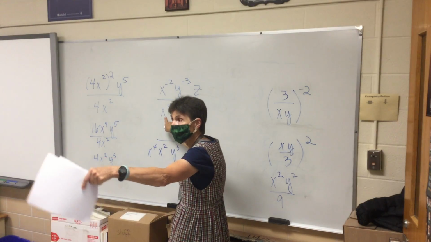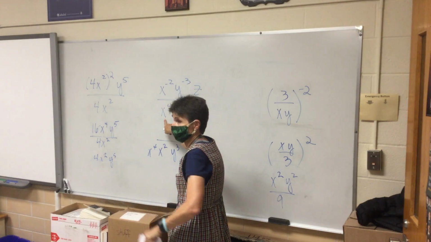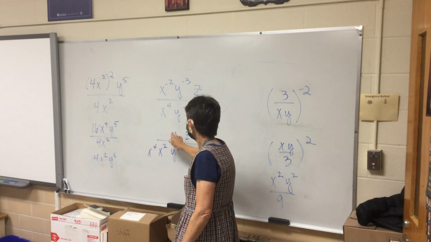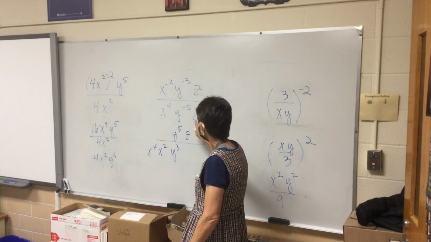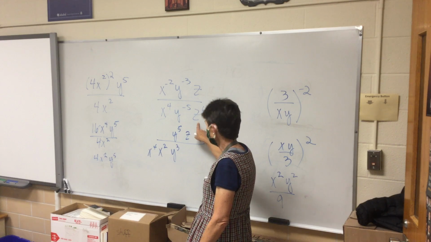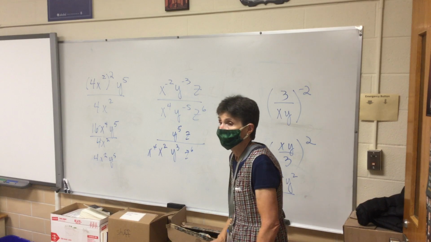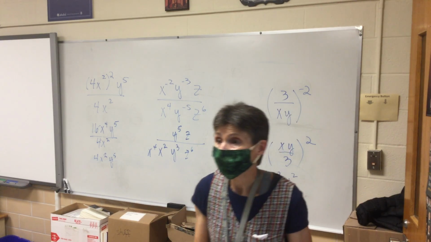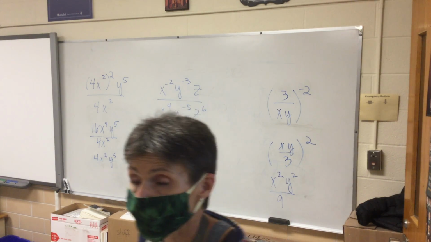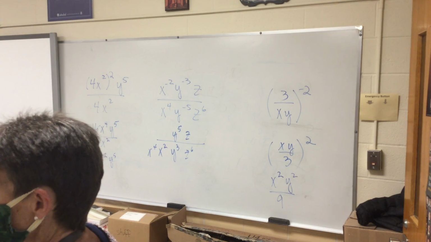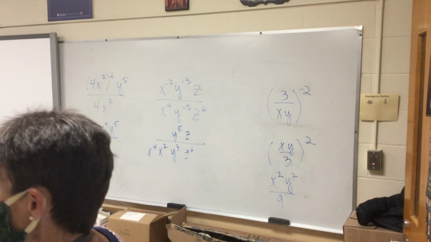You only move the ones that are negative. This is e to the sixth. Stays down. If you have a negative exponent, you move. If you don't have a negative exponent, you don't move.